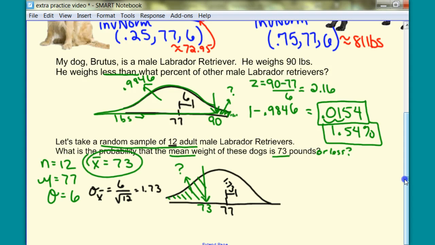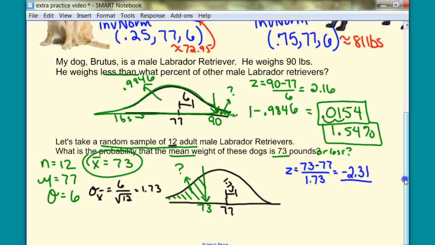Let's find out how unlikely that is. So I'll take that value and I'll calculate a z-score. So I'll go z equals 73 minus 77, but I'm going to divide by 1.73. When I do that, I end up with a z-score of negative 2.31. If you recall, any z-score outside of 2 standard deviations away from the mean, like this one, is considered unusual.